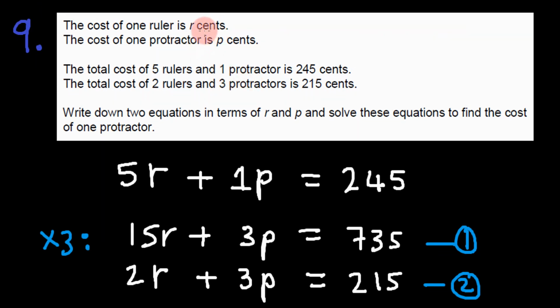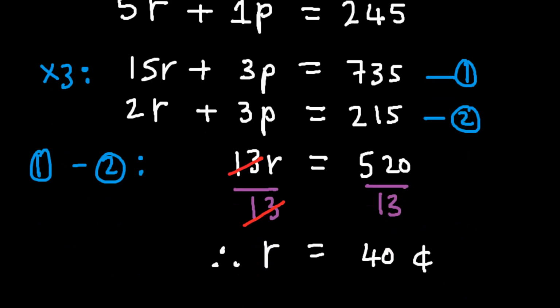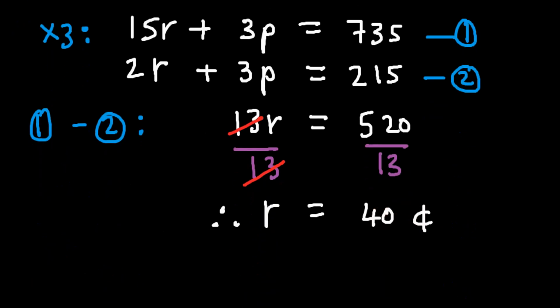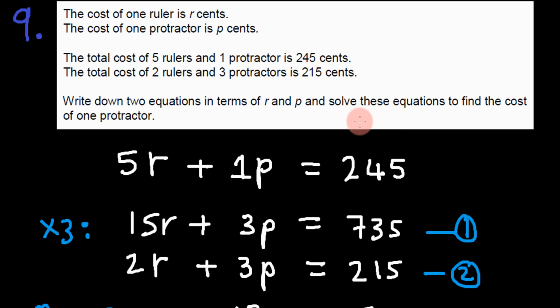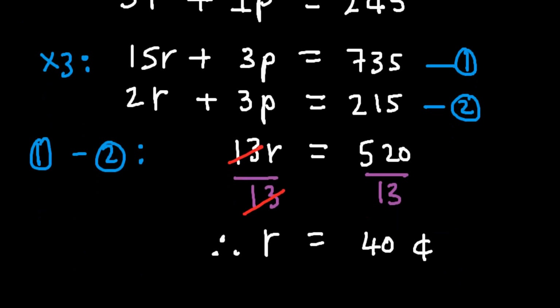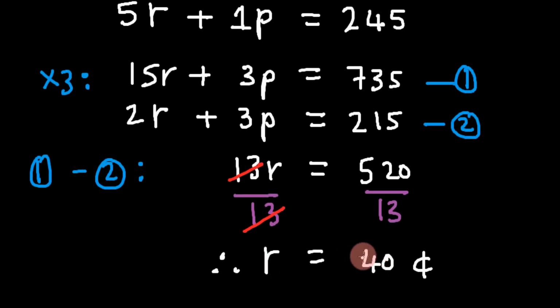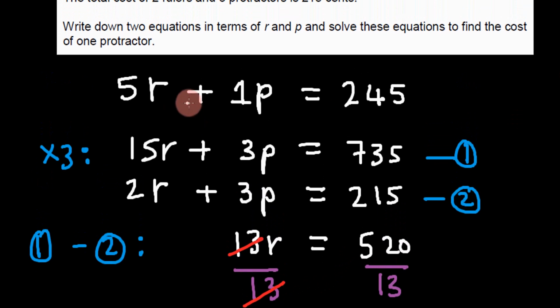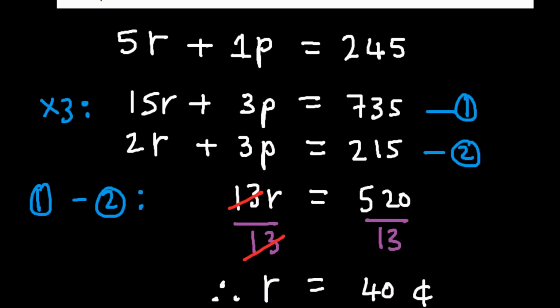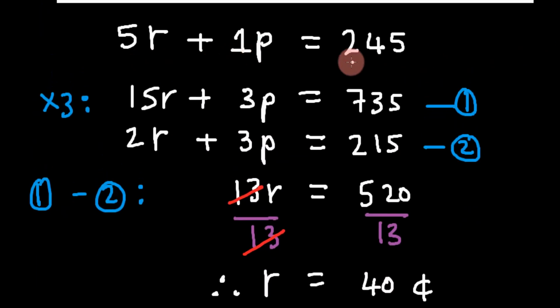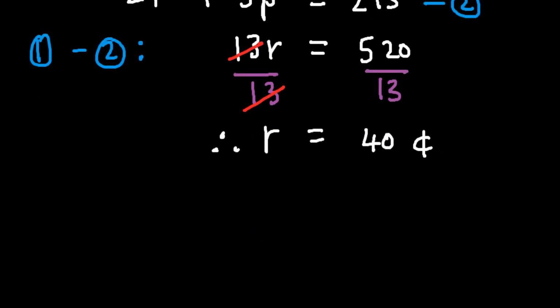Now let's go back to the question. R was the cost of 1 ruler. So we know that the cost of 1 ruler is 40 cents. We were asked to find the cost of 1 protractor. So we want the value of P. So we're going to substitute this value back into the first equation, or even into the original equation. So it says 5R plus P is 245.